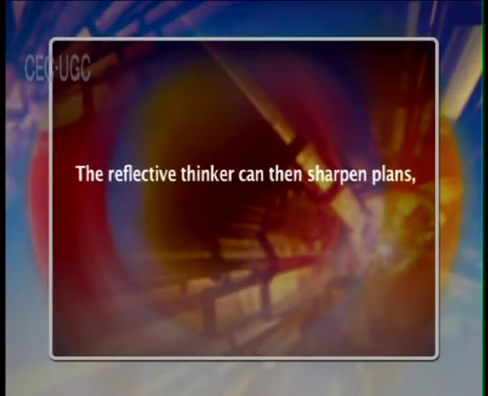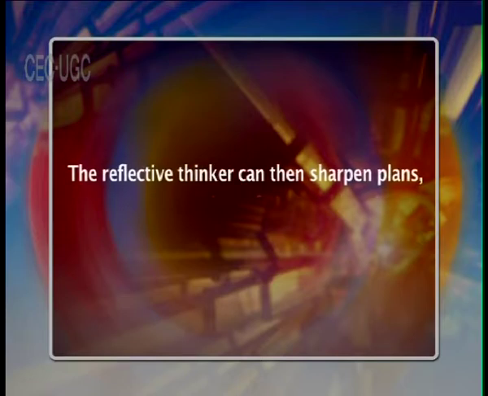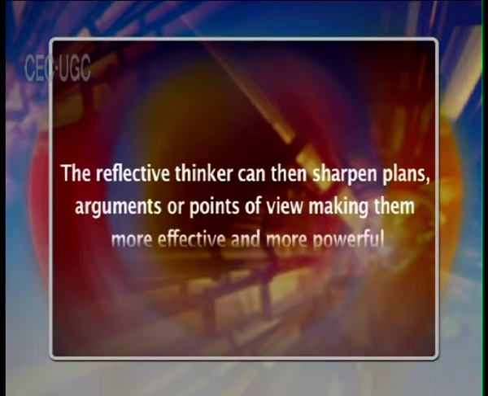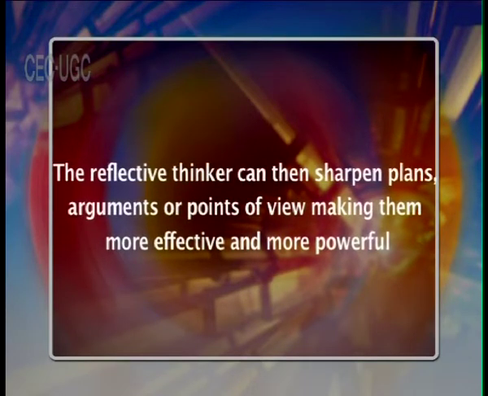The reflective thinker can then sharpen plans, arguments, or points of view, making them more effective and more powerful. Reflective thinking can also make the adolescent a powerful experimenter and problem solver, because it involves the ability to think through a number of possible strategies and experiments and to decide which one will lead to the most information.